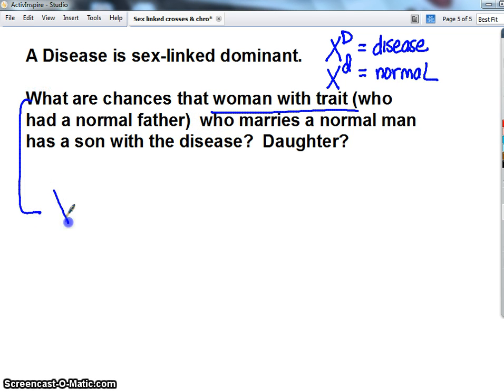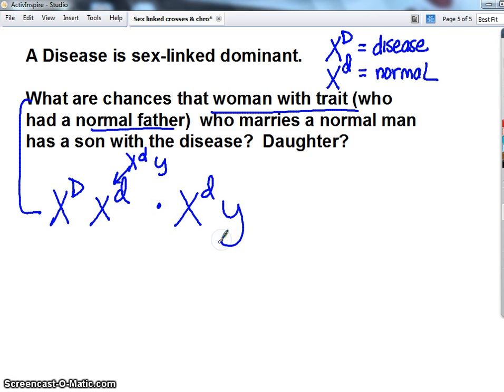That means she's definitely got a big D. Since her father was normal, he didn't have the disease, he had to be X little d Y, so her other chromosome must have X little d. She marries a man who is normal, so he's going to be X little d Y. And now we do the cross just like we did before, X big D, X little d, X little d Y.